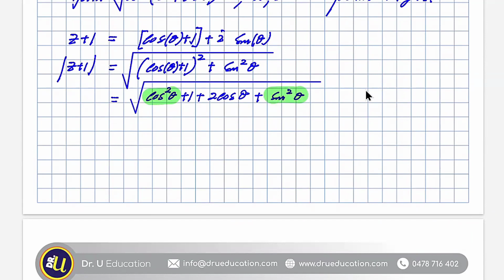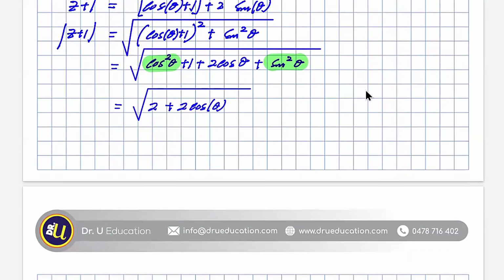So that's going to be 1. So 1 and 1 is going to be 2, plus 2 cos θ. Now 2 plus 2 cos θ. So now what we can do, you can take 2 out internally and then write this.